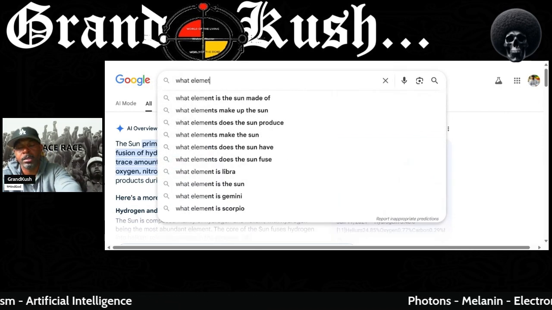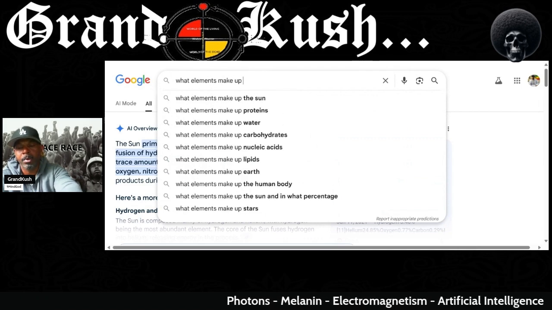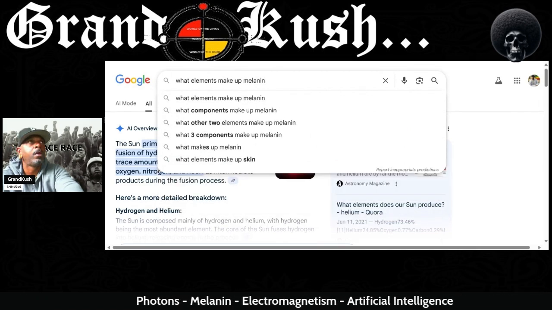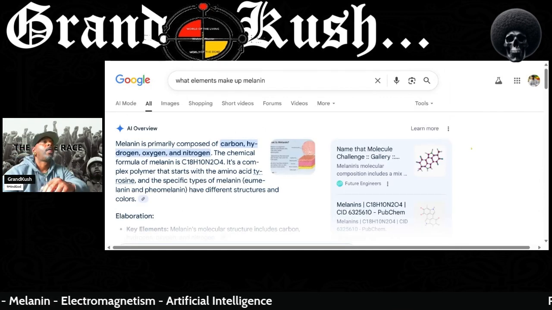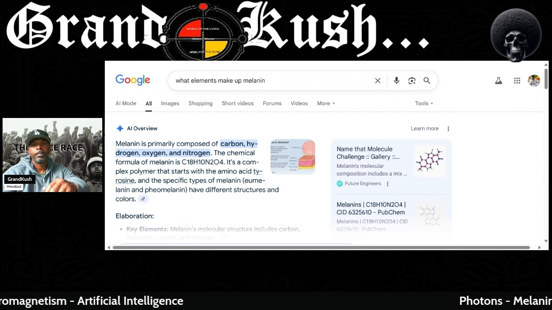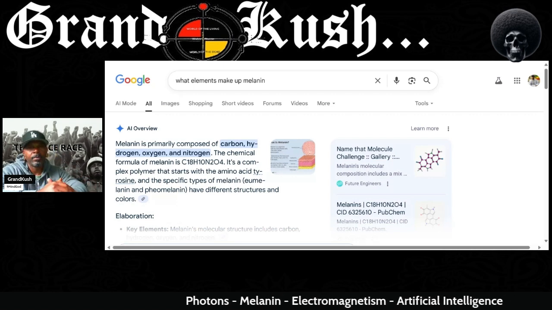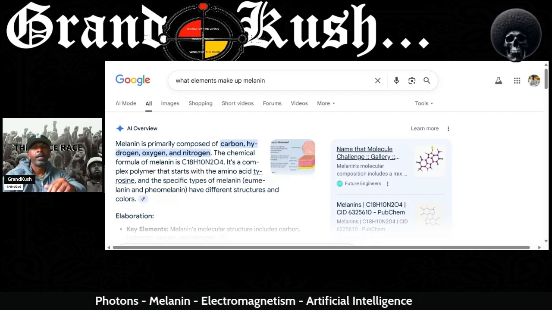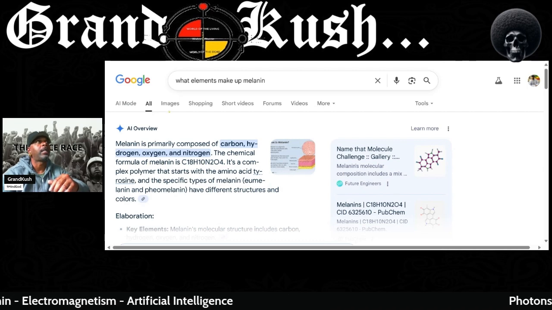What elements make up melanin? You see that? Carbon, hydrogen, oxygen, and nitrogen.